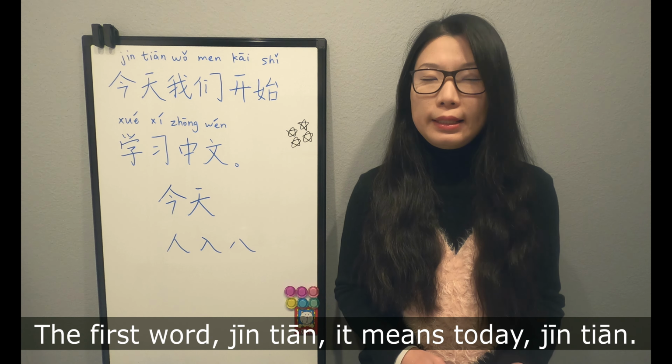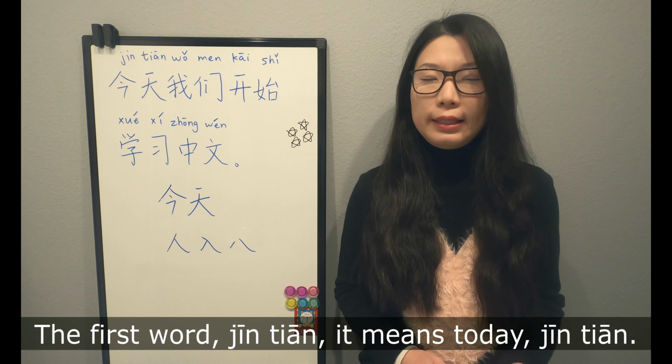今天, today. The next word, 我们, it means we. For 们 here, it actually has a neutral tone. There is no tone marking in the pinyin, so when we are saying this character, we want it to be light and de-emphasized.